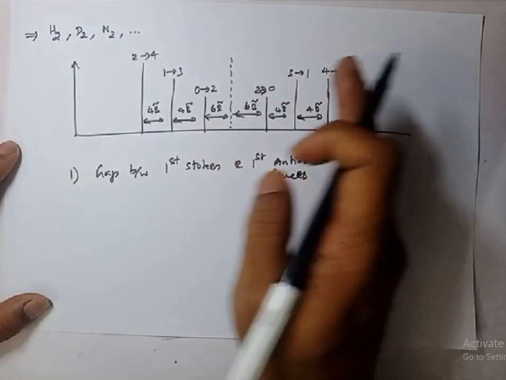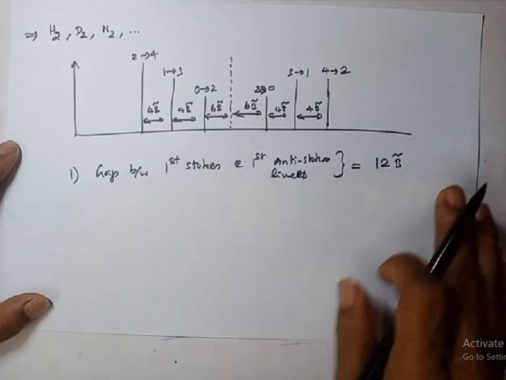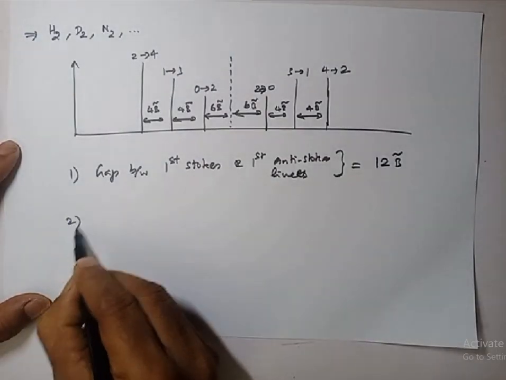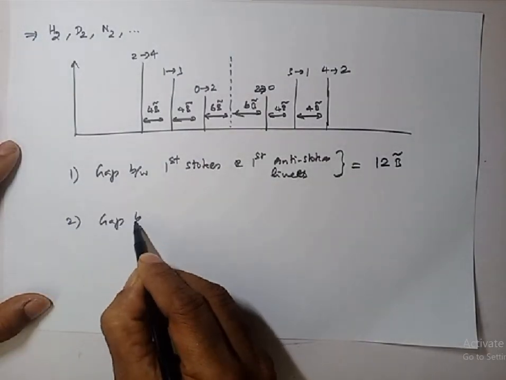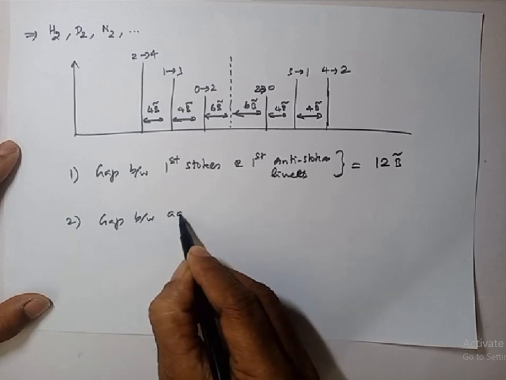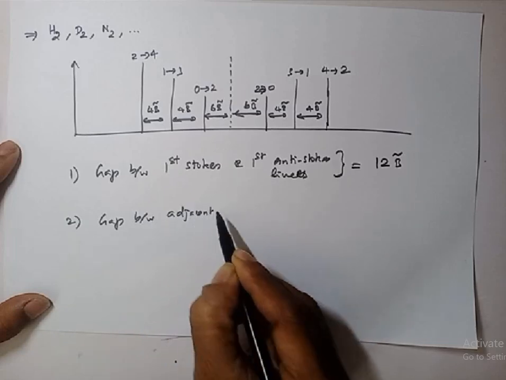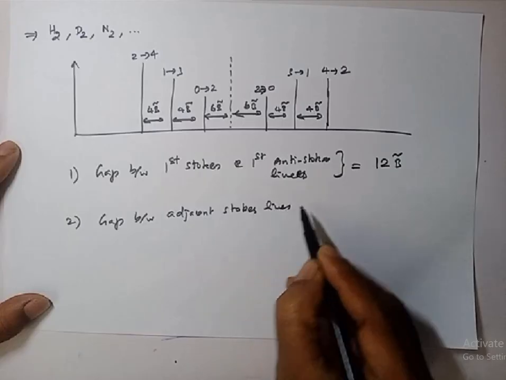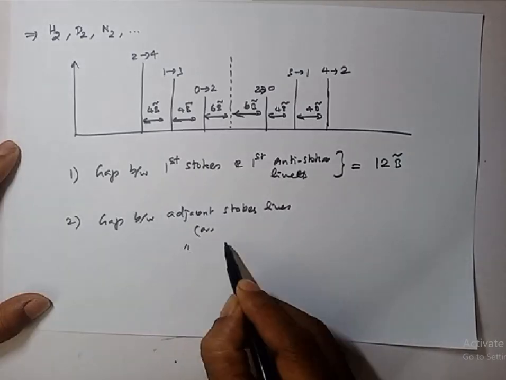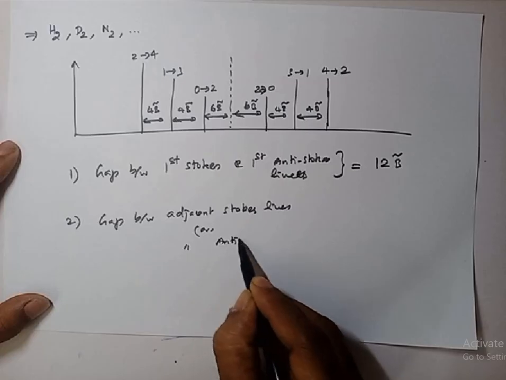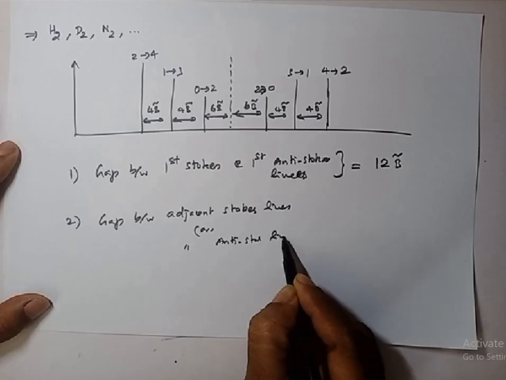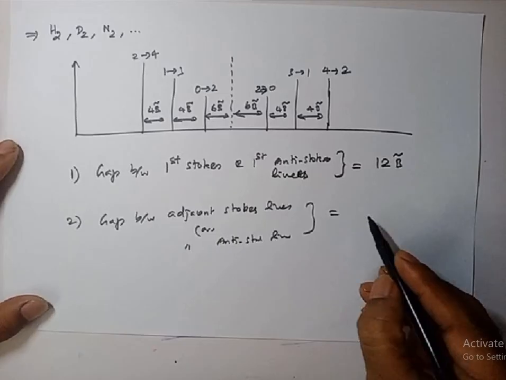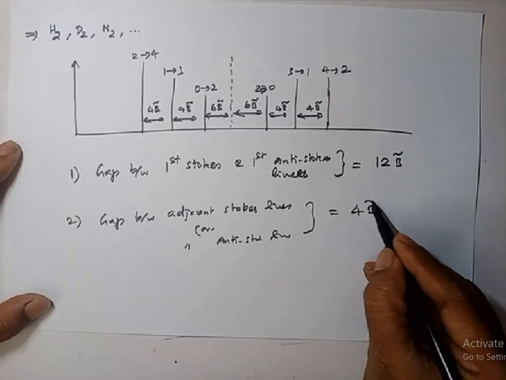All the lines are appearing. Number 2. What is the gap between adjacent Stokes lines, or adjacent anti-Stokes lines? 4B, correct?